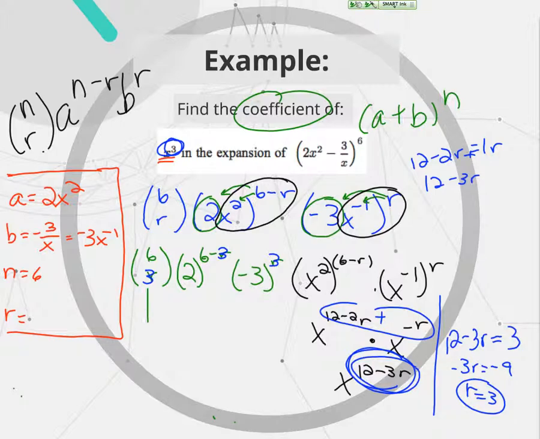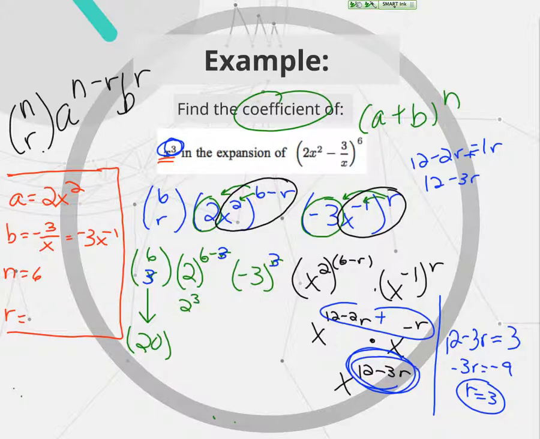So we can use our calculator to evaluate 6 above 3, or we can do it the long way. So that's going to be 20. Now 6 minus 3 is 2 to the 3rd power.